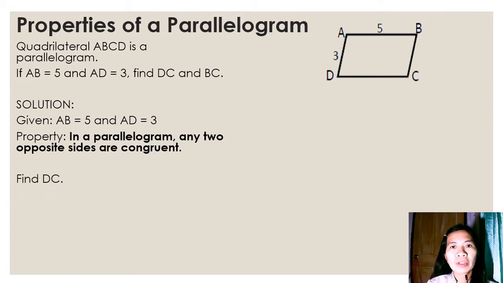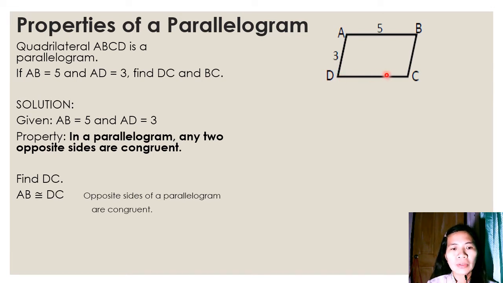So first we will look for DC. Now, AB is congruent to DC, because opposite sides of a parallelogram are congruent.